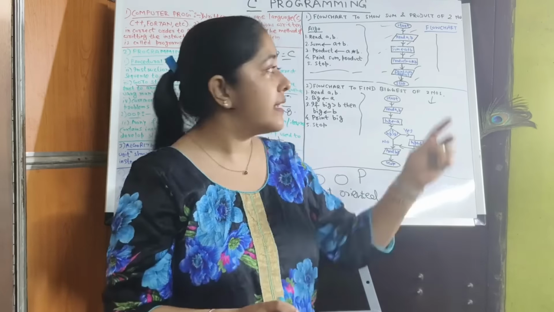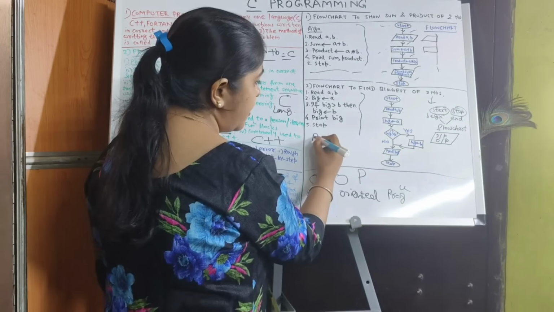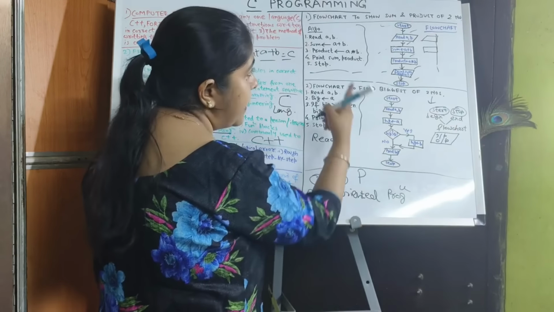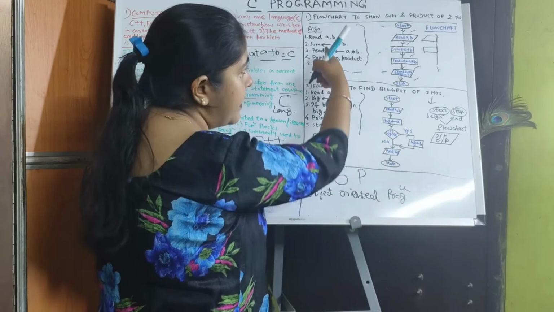When we are reading something, that is reading the values of A and B, that means you are giving the input to the computer. Read means to give the input, right? And print means to get the output.